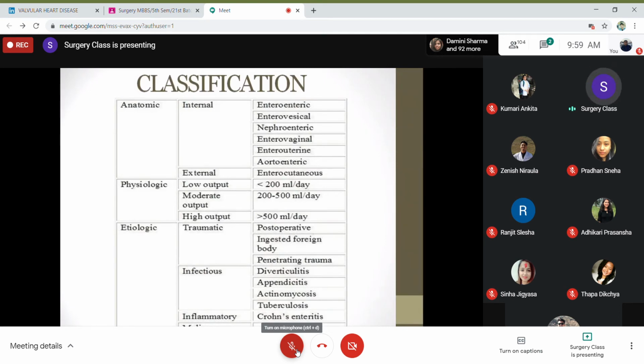That part of the bowel becomes fistulous, giving rise to enterocutaneous fistula. That is usually the pathophysiological mechanism.